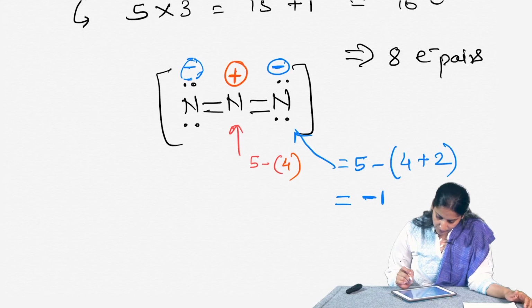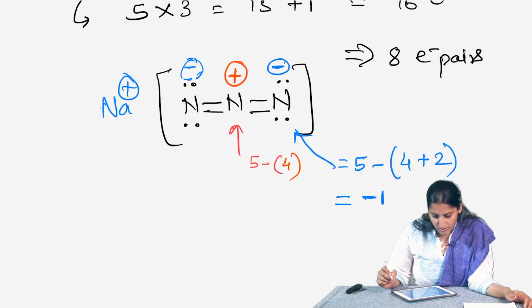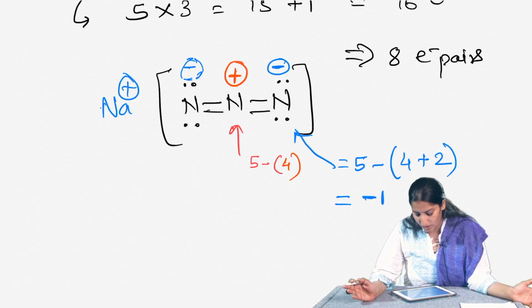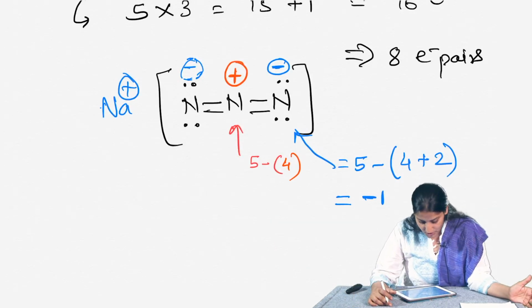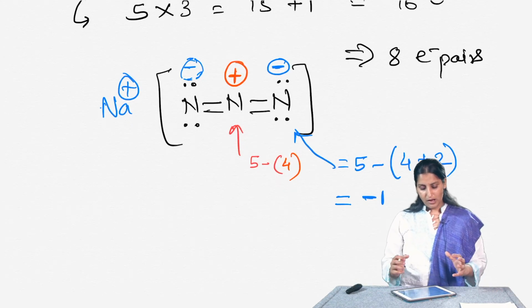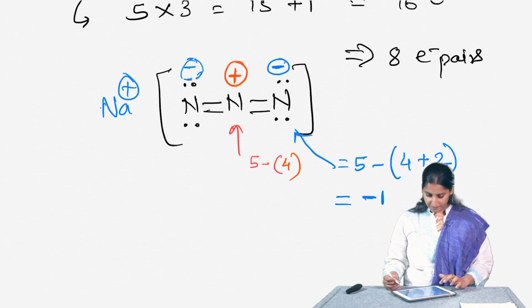So, what you have here in fact is that sodium azide has this particular Lewis structure, okay, whereas both the nitrogens on the outside of the azide group are negatively charged, the internal nitrogen is positively charged, and together, you have an ionic bond between sodium and azide.